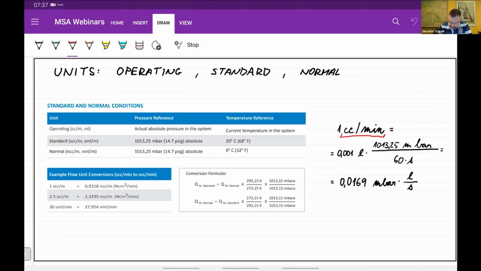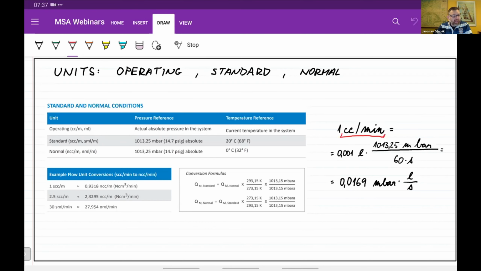So if we assume that to be missing in that cubic centimeters per minute, we can make the conversion. So 1 cubic centimeter per minute is 0.017 millibar liters per second.